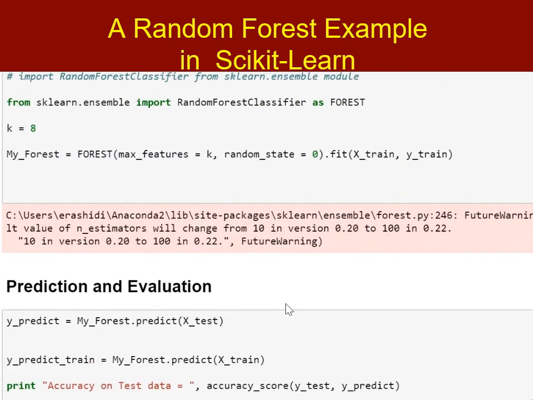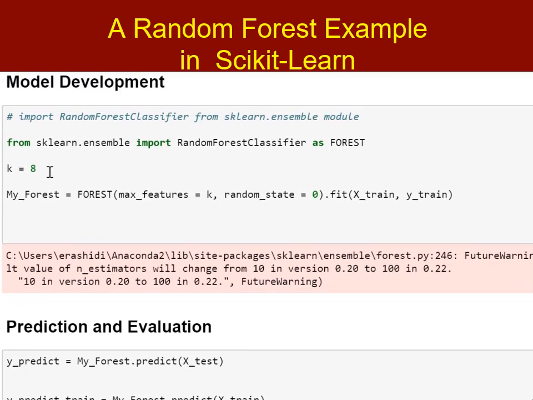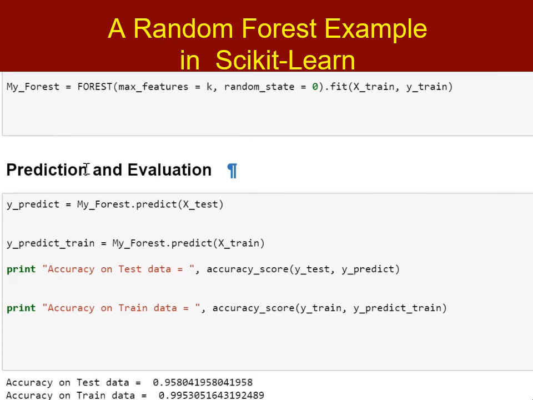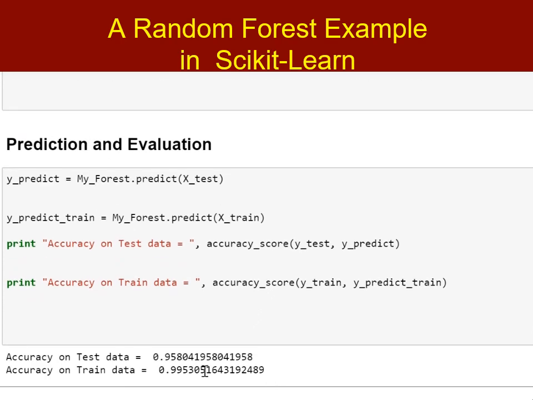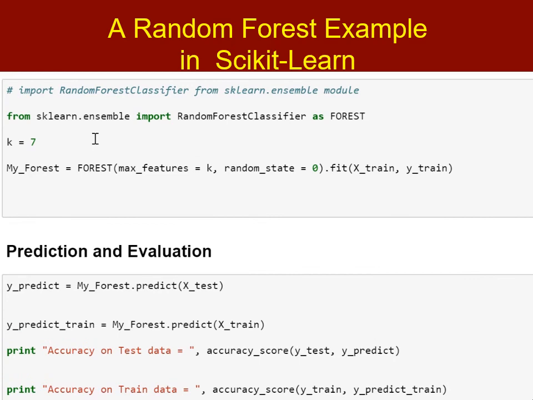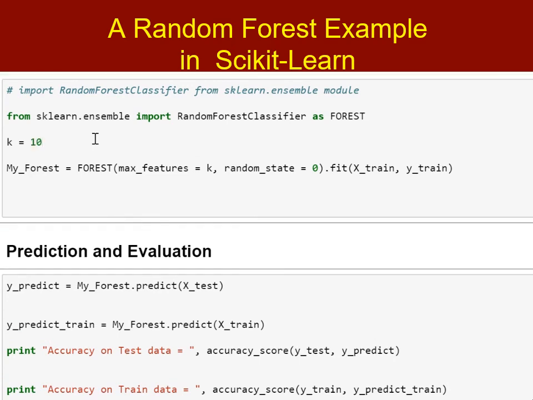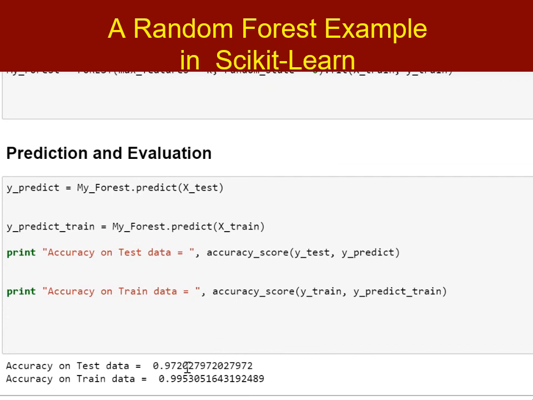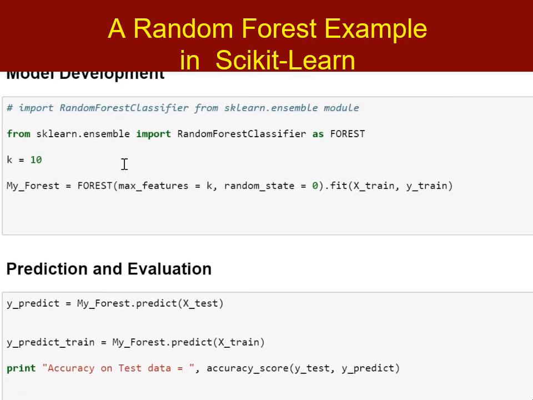So you can go ahead and play with this value of k to see which one is better. So for example, I'm going to go with 7 now. So this is not better. How about 10? So 8 seems to be the best.